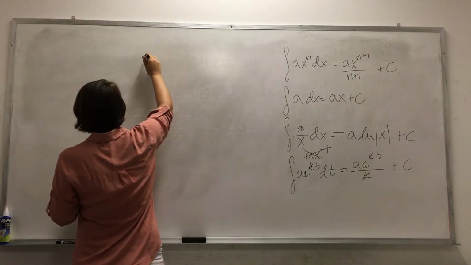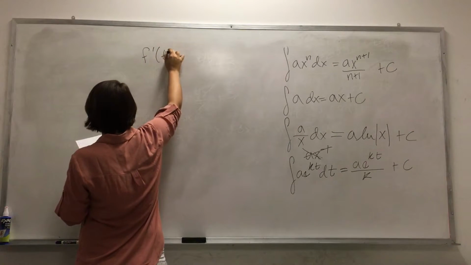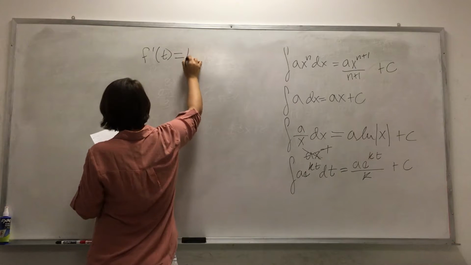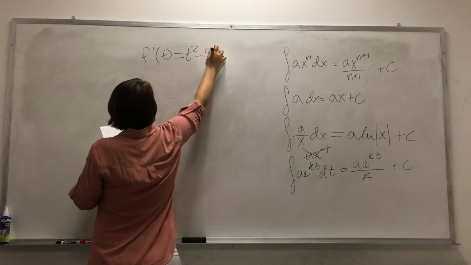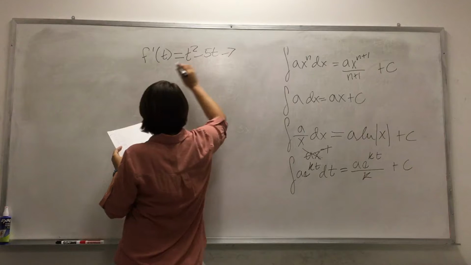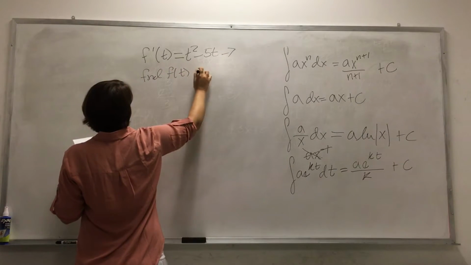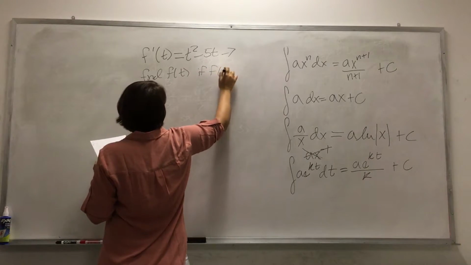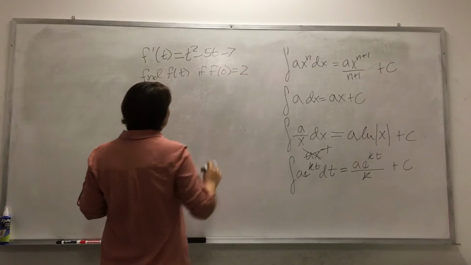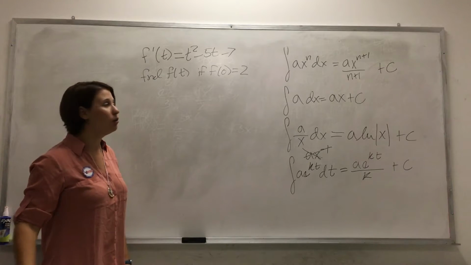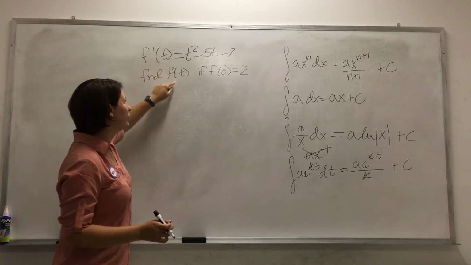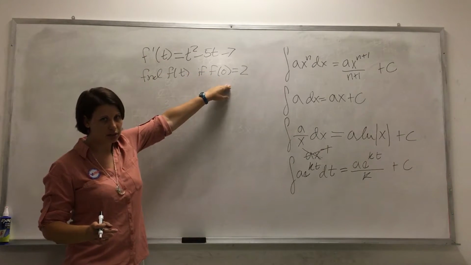So if we're given the derivative of f of t is t squared minus 5t minus 7, we want to find f of t if f of 0 is equal to 2. So, we're given f prime, we want to find f. We're coming back to the point.